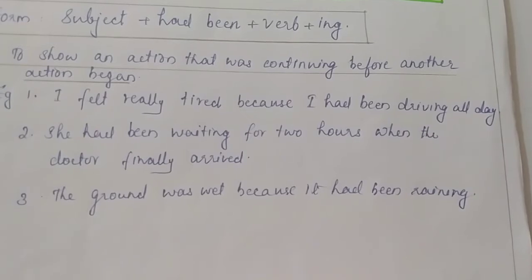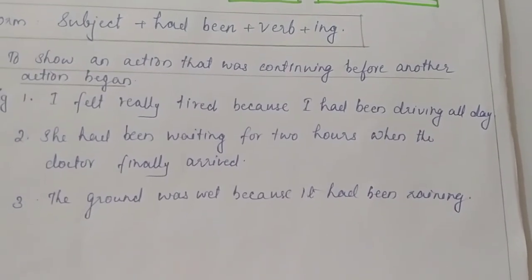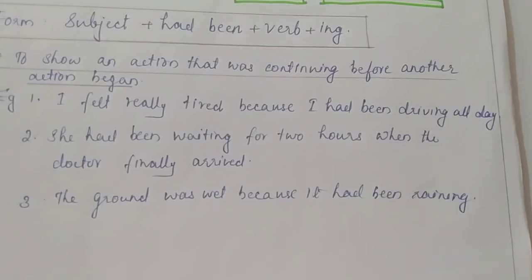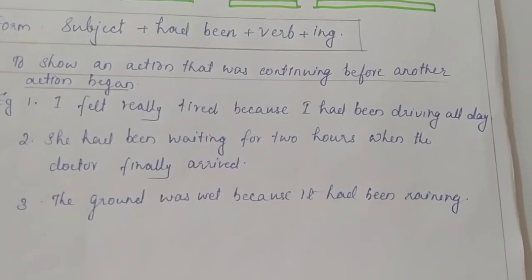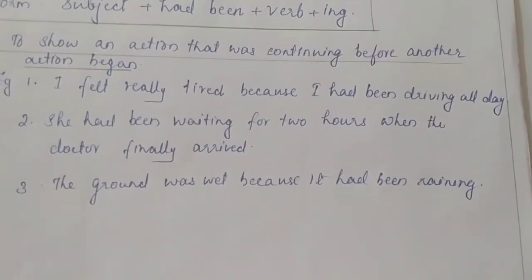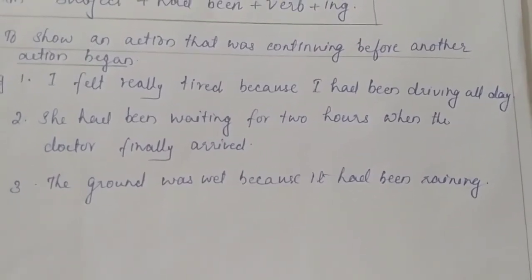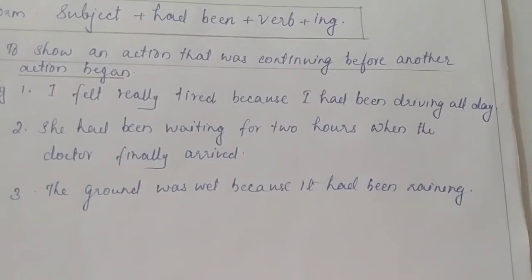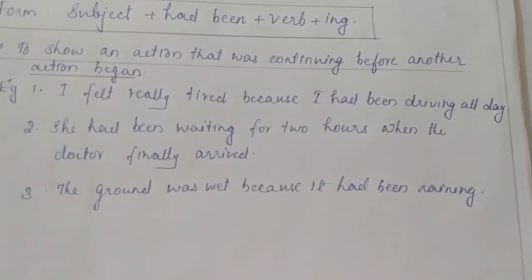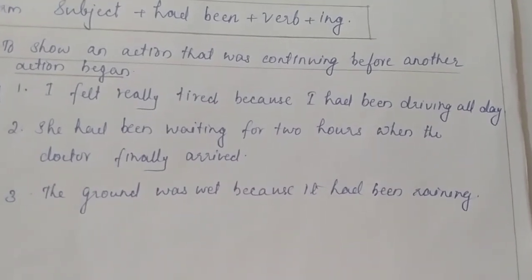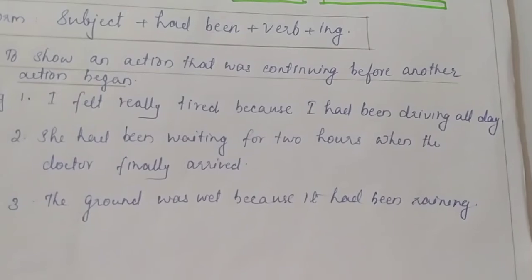Before that, she had been waiting 2 hours. Clear, students? So, one action that was continuing before another action began, we can write in past perfect continuous. Another example: the ground was wet because it had been raining. Okay, it had been raining. One action was happening. It was continuing. Raining was continuing, and as a result, the ground became wet.